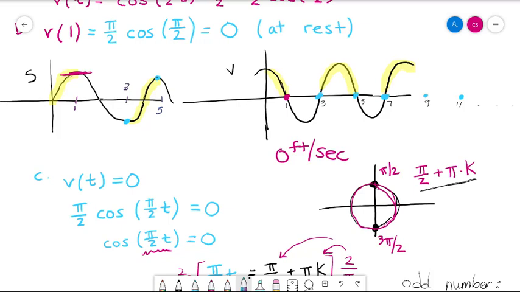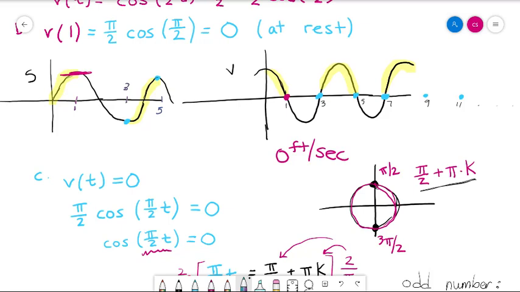So the displacement is 0, right? We're back where we started. But that doesn't mean we didn't walk any. We walked up maybe like 10 feet, and then we walked backwards 10 feet. So we walked 20 feet, but the displacement looks like 0.